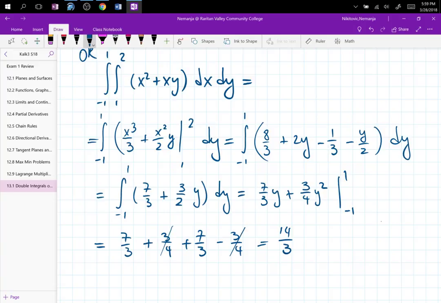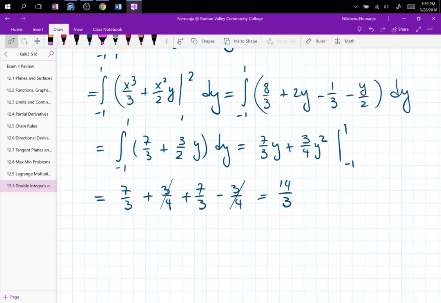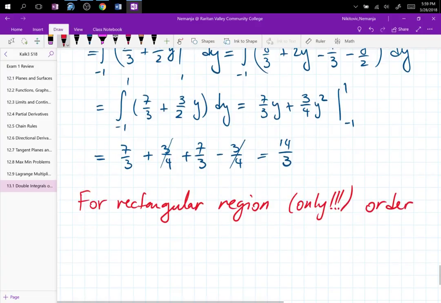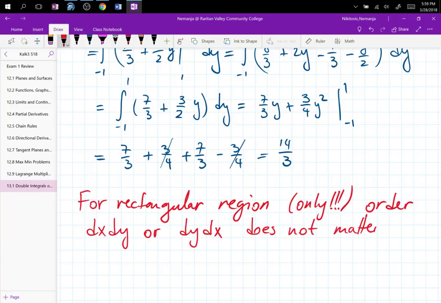I'm going to write this right in blood over here. For a rectangular region only, the order dx dy or dy dx does not matter, as long as you bring the limits in properly.